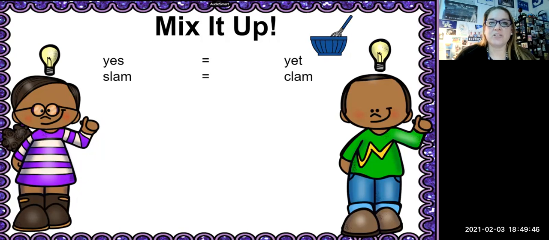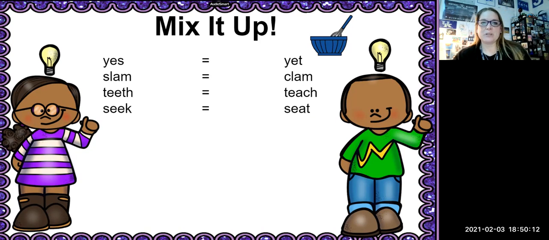We're going to change the sound at the end to ch. So the new word is teach. Good. The next word is seek. Seek. And we're changing the k sound to t. So the new word is seat.